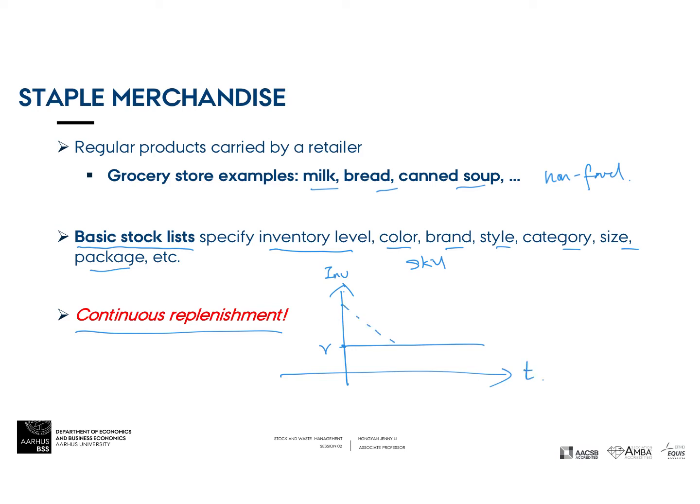As long as your inventory drops to a certain value, for example R, so here inventory less than R, then you trigger an order, then you probably need to wait a certain time, and then your order will come to a certain level. So you do not need to know what happened here for the time being, but we'll explain this later. So this is called a continuous replenishment.